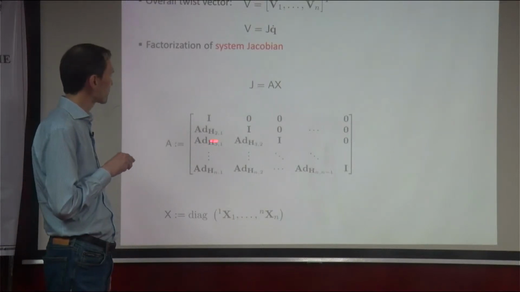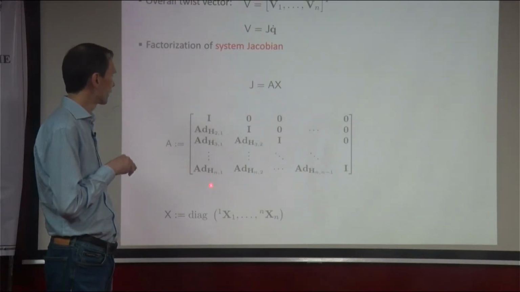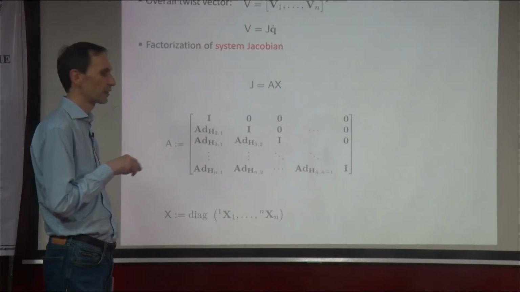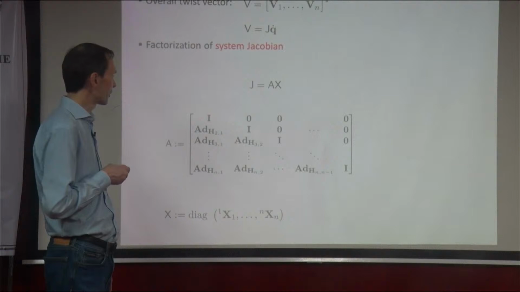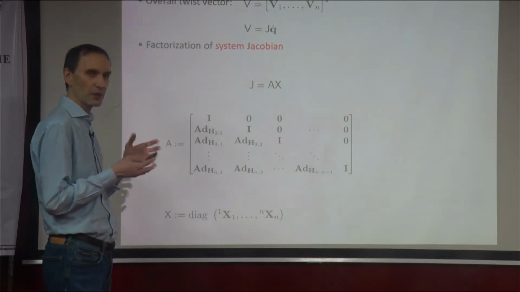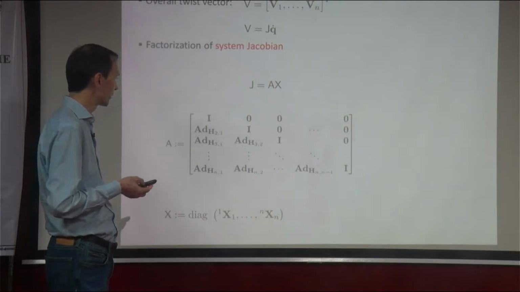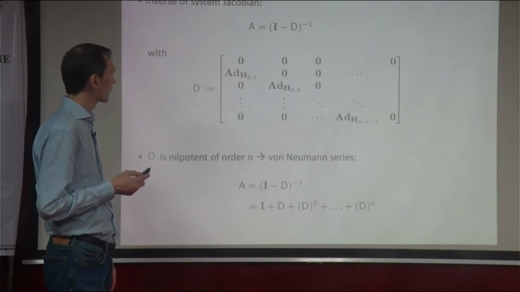Each of these adjoints is a 6 by 6 matrix, right? So we have 6n times 6n. So at least it is a square matrix, and we can hope to be able to invert it. And it's actually invertible. It's well conditioned, by the way.